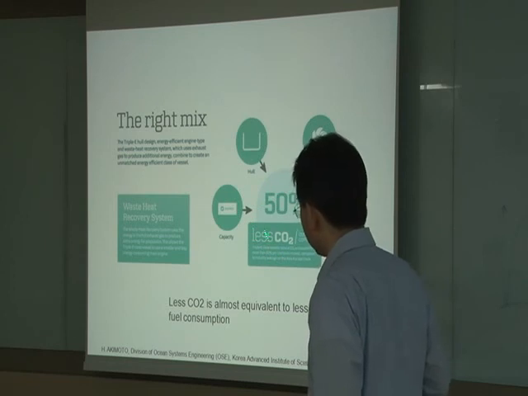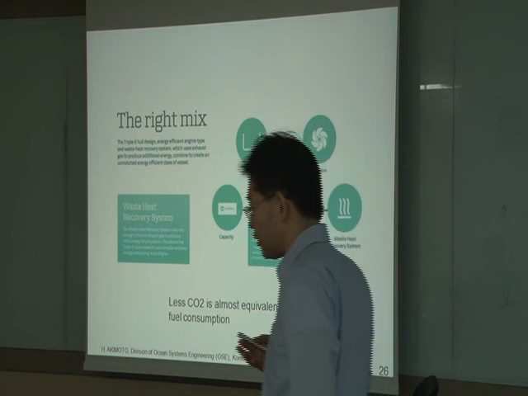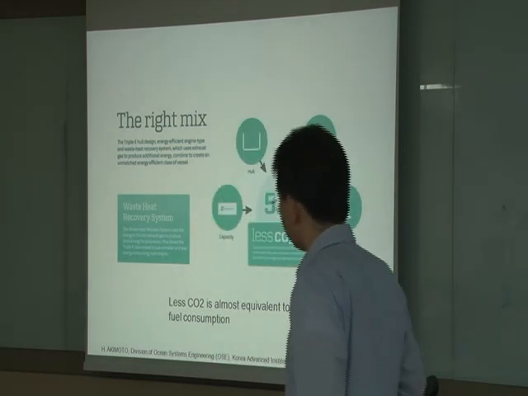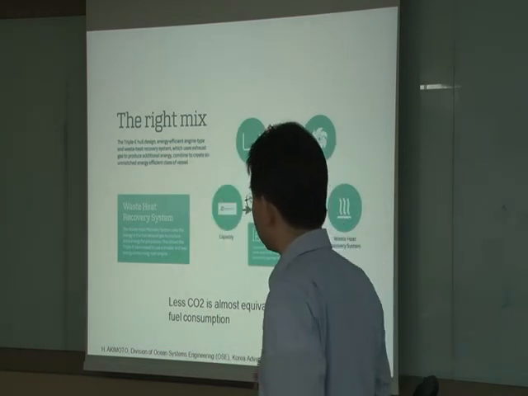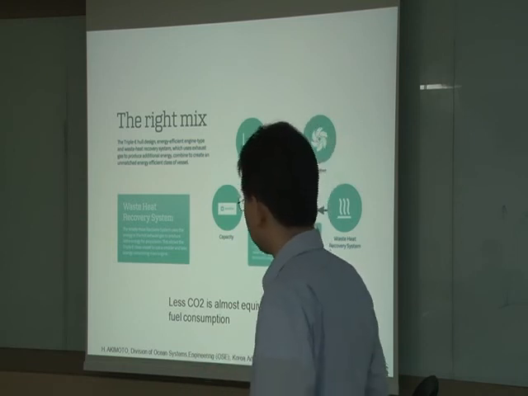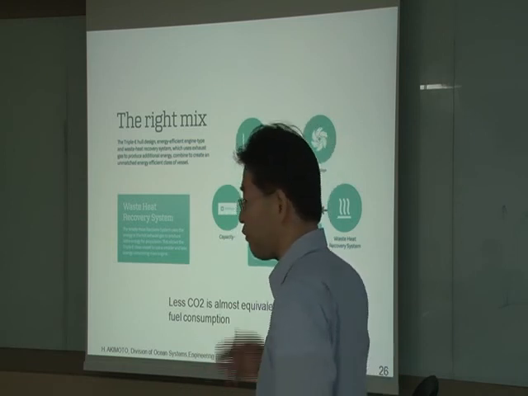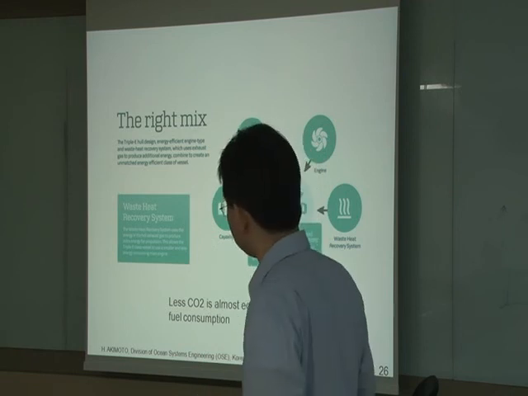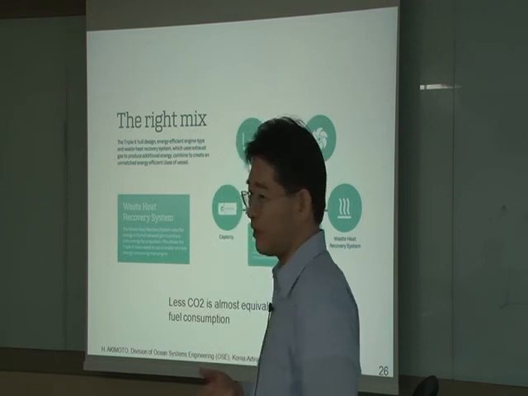It shows 50% CO2 reduction, but a shipping company sees from this chart it will use 50% less fuel. So for shipping companies it is equivalent to a reduction of fuel cost.